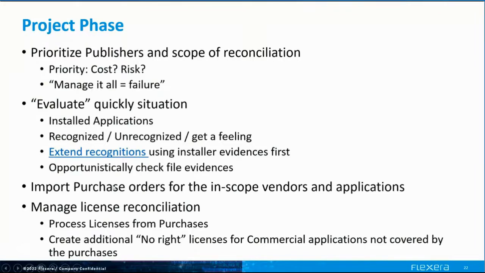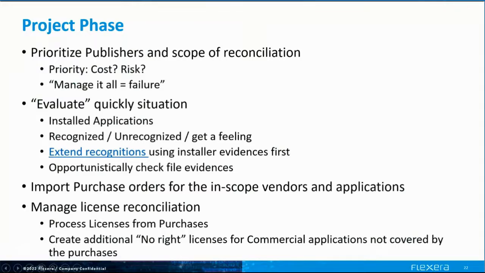An option is to import everything, and you can flag the purchase as to be managed for later. So this is not ignored, but you have a flag to put the purchase in a stage where you will be able to have it back if you want. And once you have your purchase, you will start the license reconciliation process.